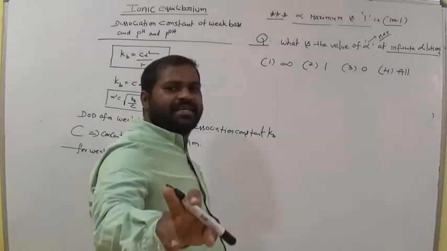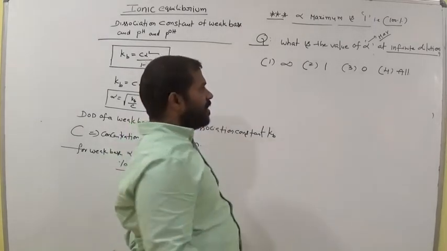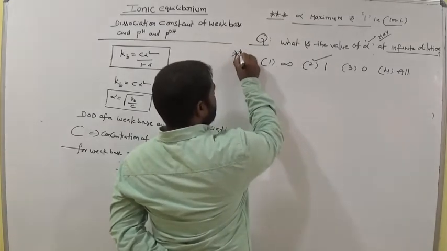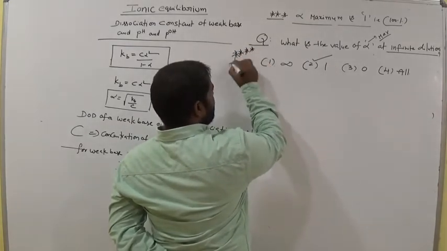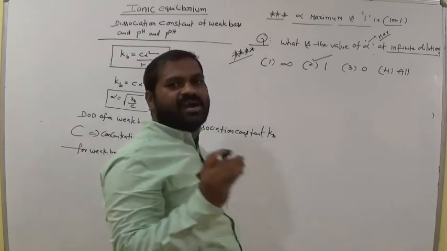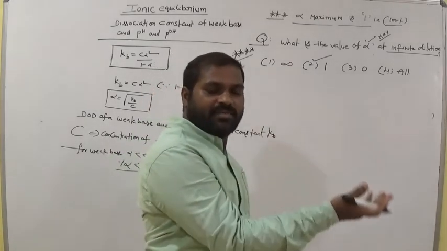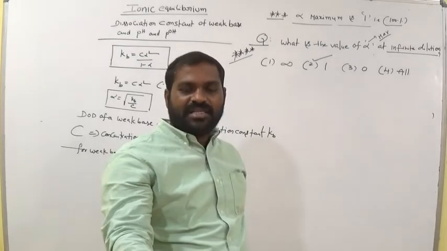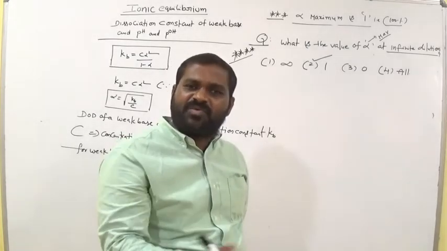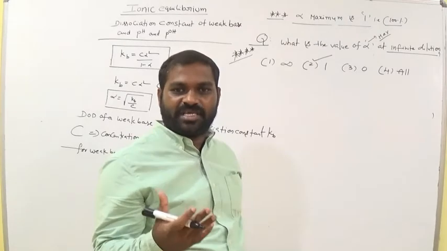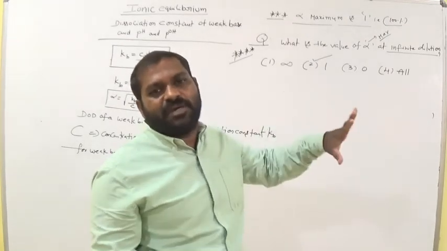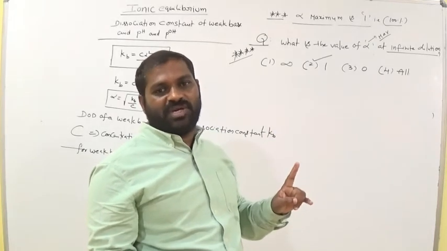Even at infinity, the alpha maximum is 1. If you take 100 molecules and all 100 undergo ionization, even at infinite dilution, alpha equals 100 by 100, which is 1 only. Is there any change? No change. Remember that.